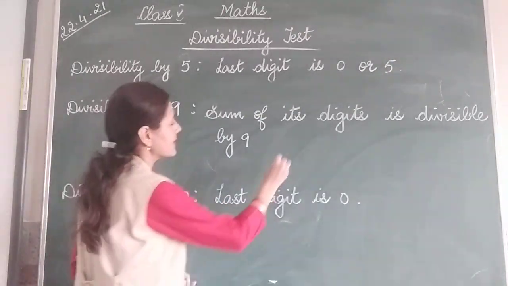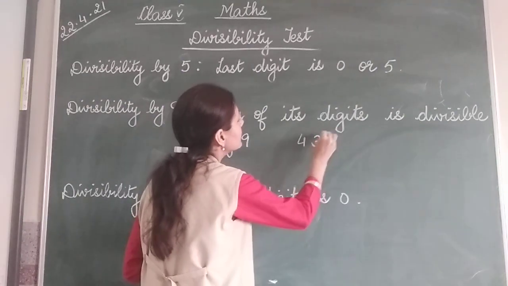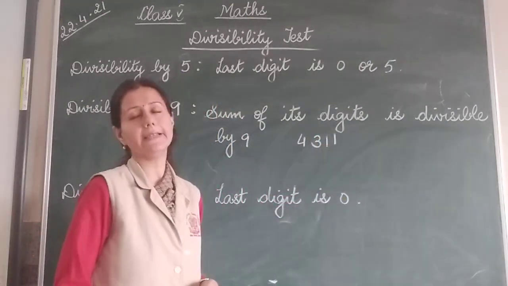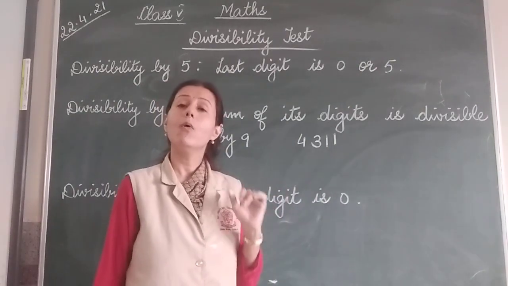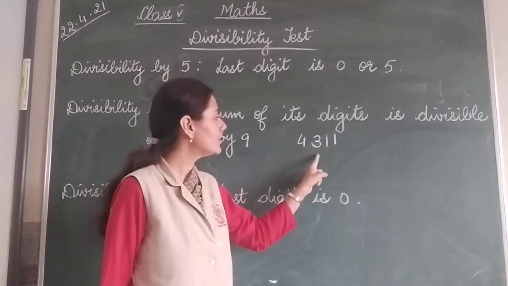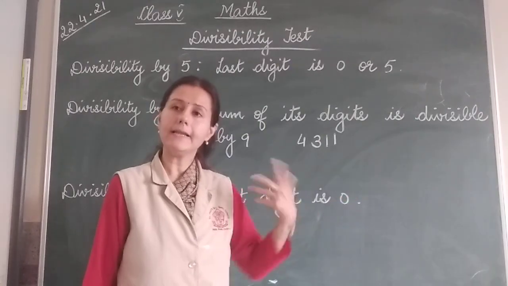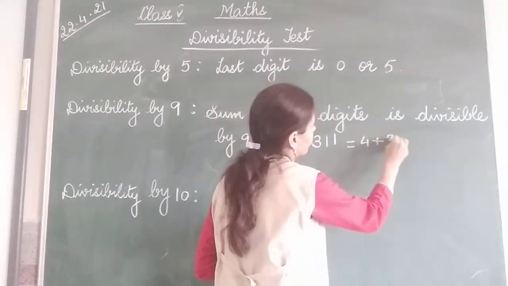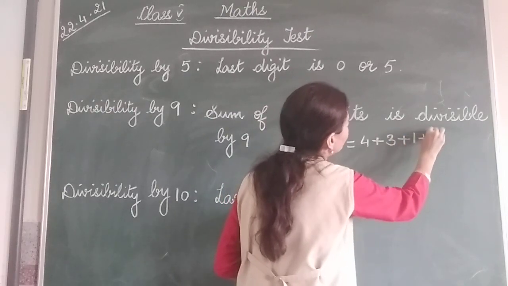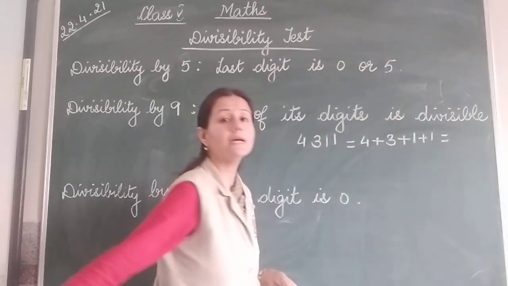Let us take an example. Suppose 4311. Let us take this number. What are the digits, beta? 4, 3, 1 and 1. Let us find out the sum of the digits. 4 plus 3 plus 1 plus 1.